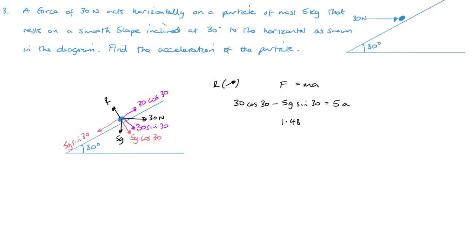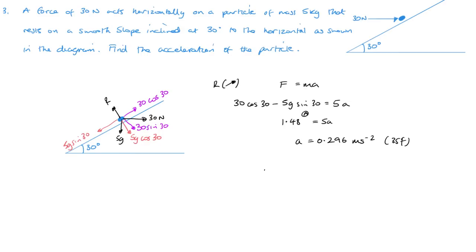So this is 1.48 to 3 significant figures. I'll store that as A. And then divide by 5. And we get the acceleration is 0.296 meters per second squared to 3 significant figures.